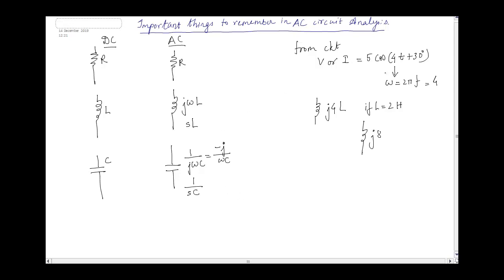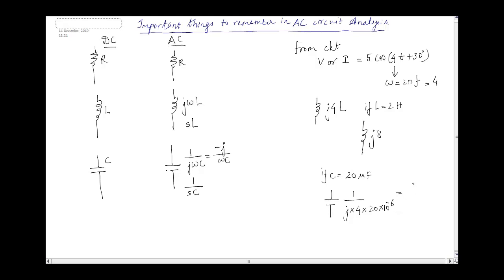So for our case, again, you are going to get omega from this particular value. So we will write it as, let's say, if C is equal to 20 microfarads, then the capacitor will be 1 divided by J into omega, which is 4, into capacitor, which is 20 microfarad, which, as you know, we can take this one straight to the top.